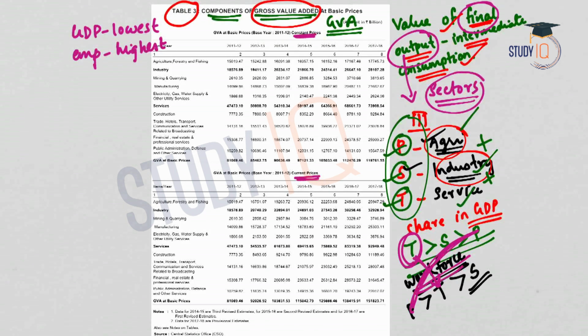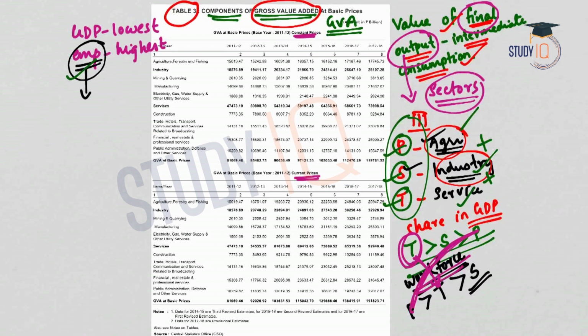When we say there is maximum employment generation in agriculture, it means that the maximum share of the population is engaged in agriculture. But when the maximum share of population is employed in a particular sector, say for example the agricultural sector, it should have the most productivity, or the output should be maximum, because the more the employment generation, the more should be the output or the productivity.